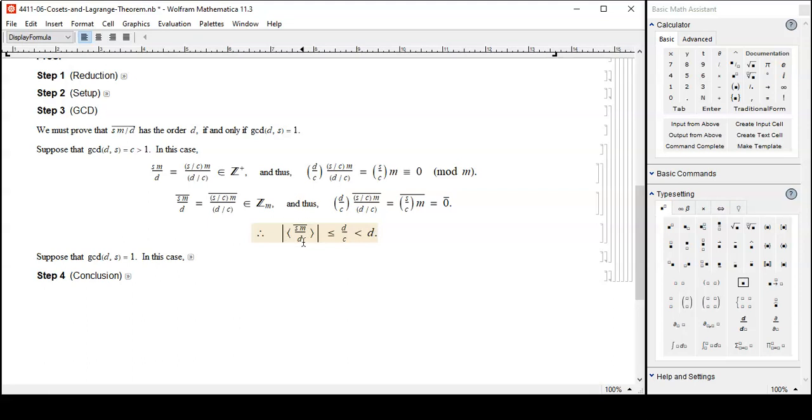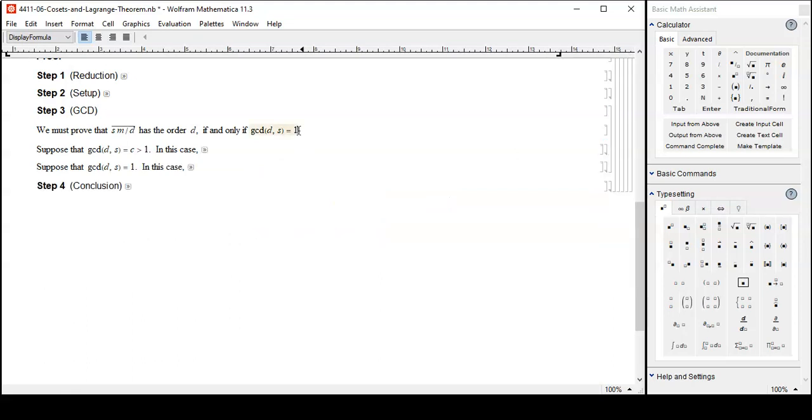You see, this one repeatedly added d over c times is 0, so the order has to be d over c or less, strictly less than d. So we got one of those. It does not have order d, it has order less than d if GCD is greater than 1. Now, if GCD is 1, in that case, we have to prove that the order is indeed d.